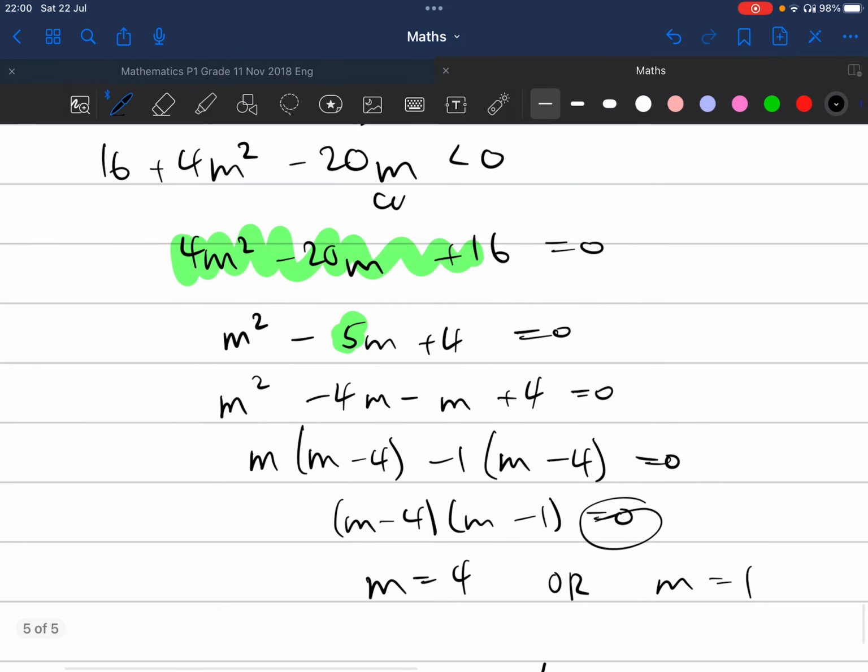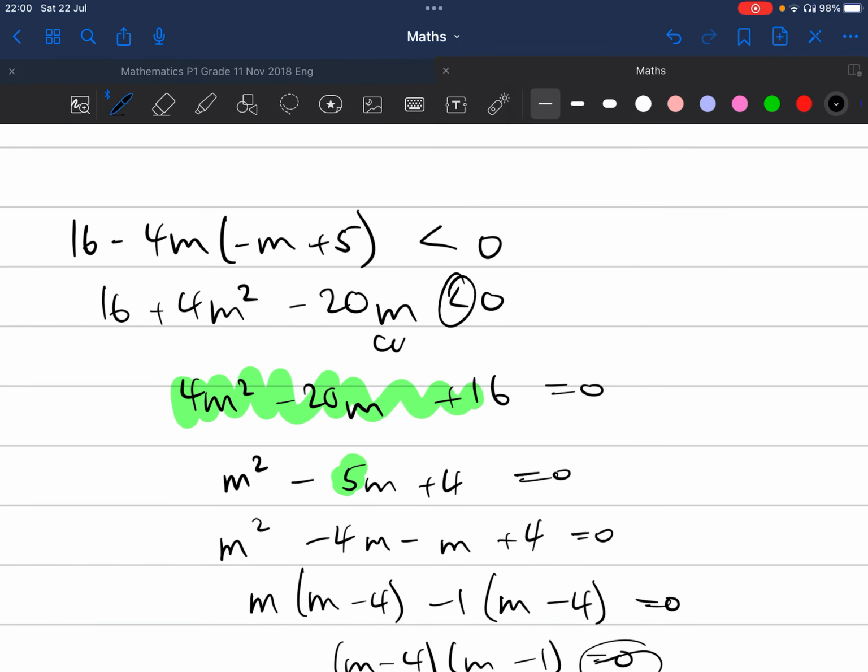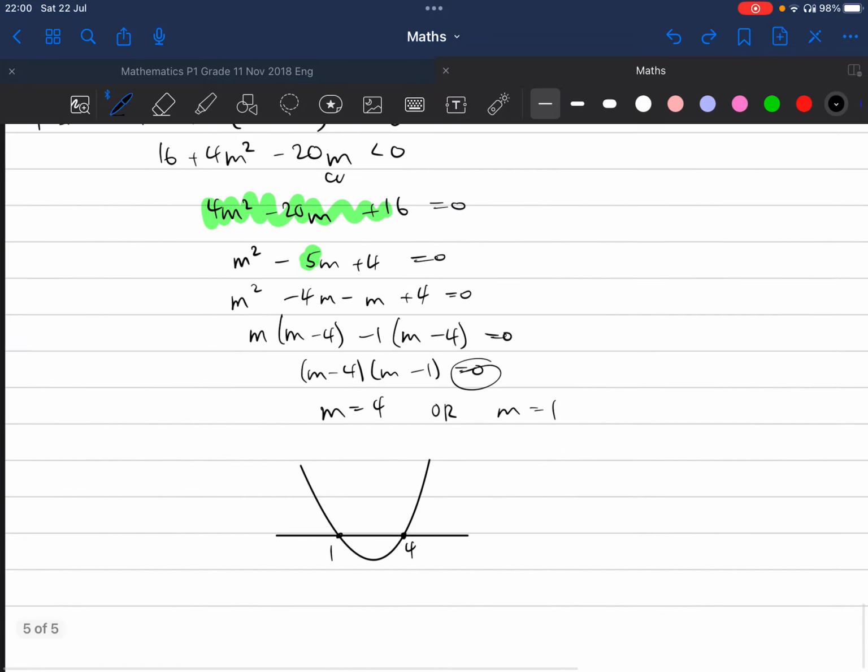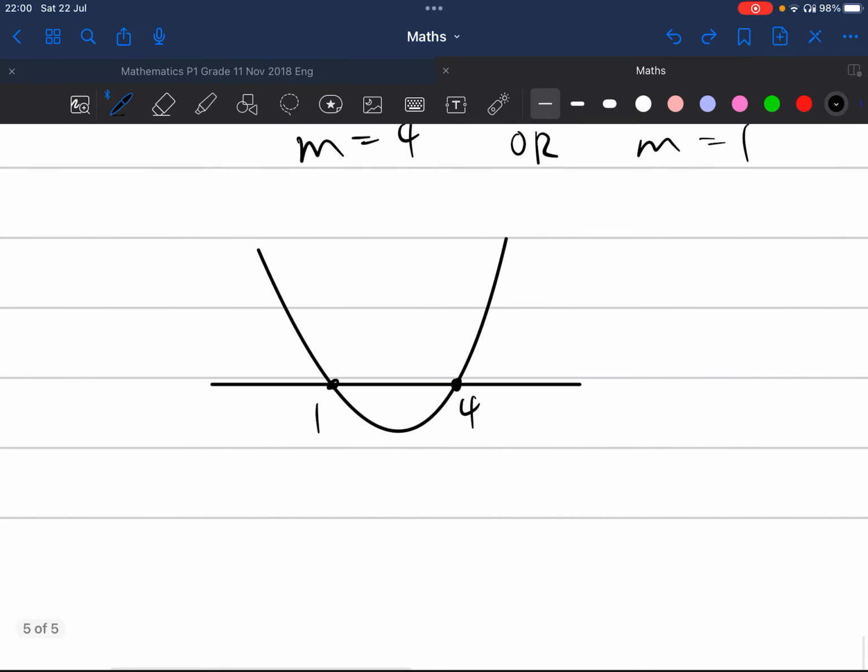And if we look at the question again, we're looking for when this is less than 0. So when is the graph less than 0? Well, it's less than 0 when it's in this range here, right? When it's between 1 and 4. So we can say that m has to be greater than 1 but less than 4. And that's our answer.